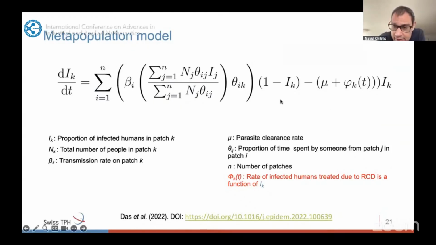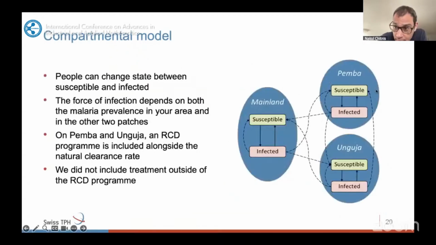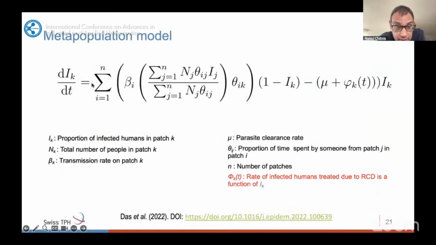These are the new infection terms. So this is the susceptible population on any island. And here we're looking at all the ways that people can get infected. So a person from, say, Pemba can get infected either from people on the mainland or Unguja or Pemba, in any of the three places. So that's why you have two summation signs.